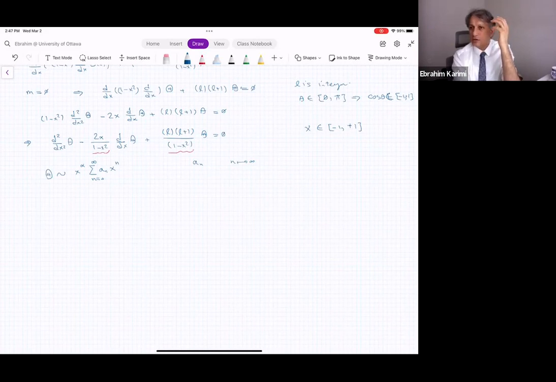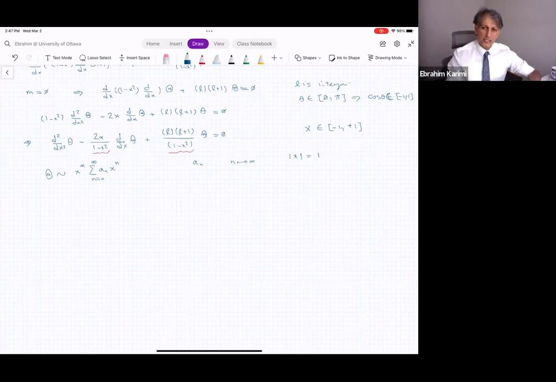This poses a serious question: what is happening if x takes the value of plus or minus 1? If the number of elements of the series is unbounded, then the series may be divergent.